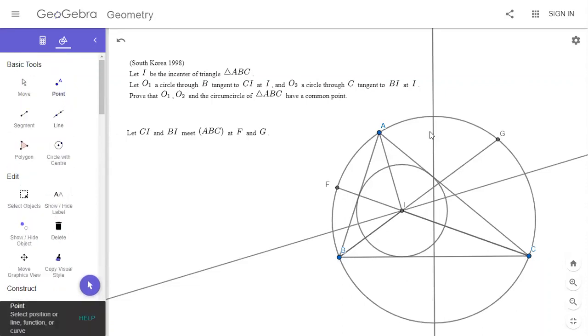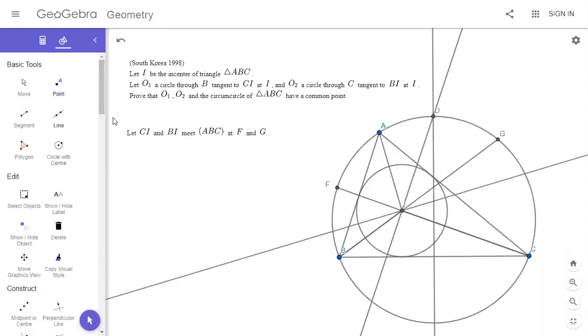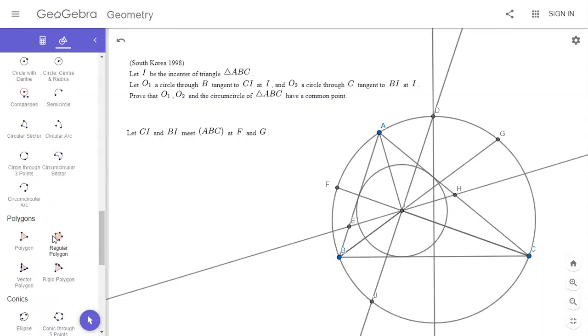If I do this, I'm kind of cheating here. So it should be the circumcircle of EHJ.